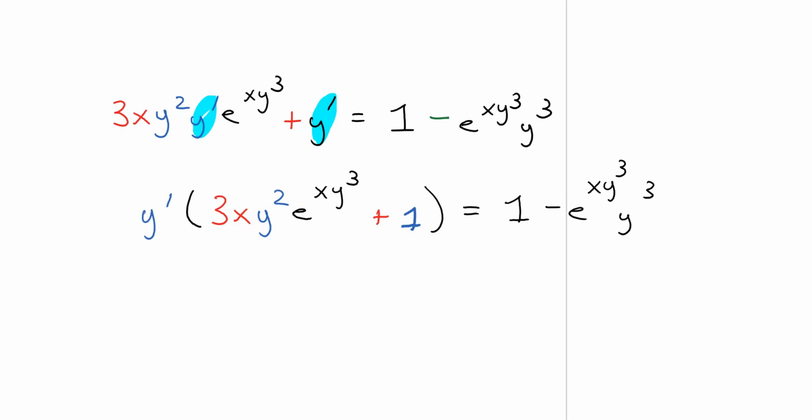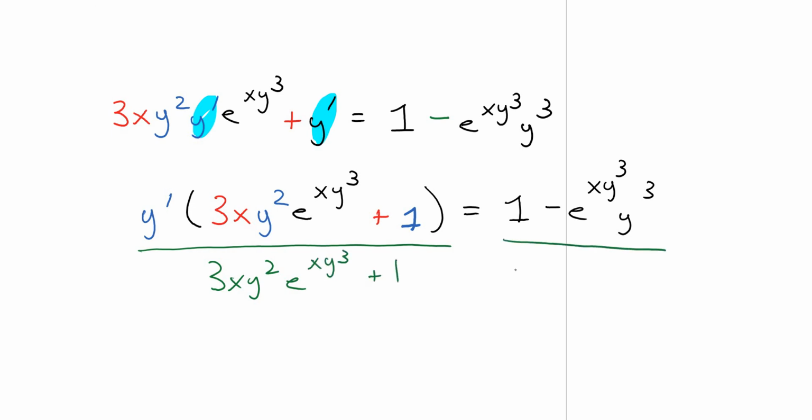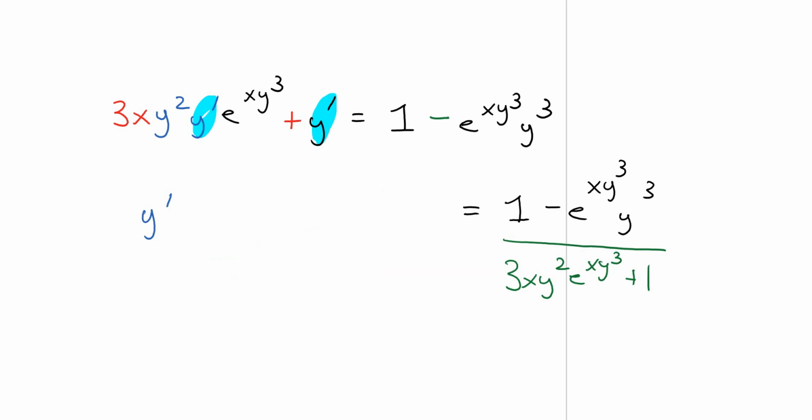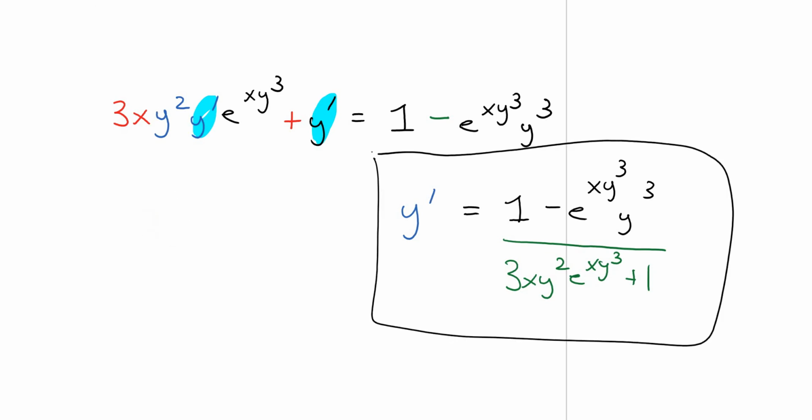And after that, I can now finally divide both sides by 3xy squared e to the xy cubed plus 1, and divide that side by 3xy squared e to the xy cubed plus 1. These guys cancel off, so I'm going to erase all that now. And then the y prime can move over. And then this right here would be your final answer after all that work.